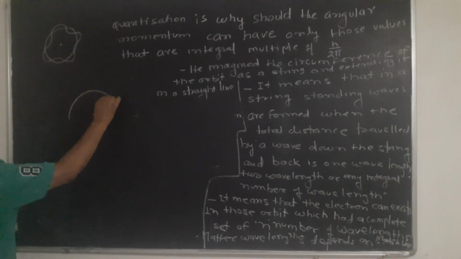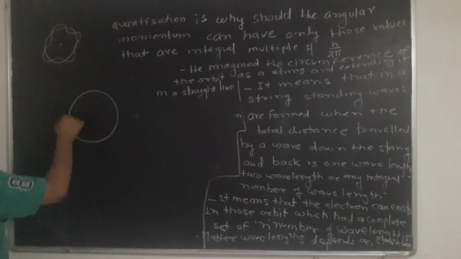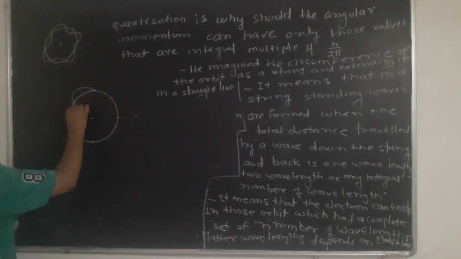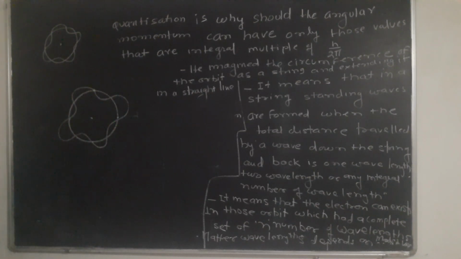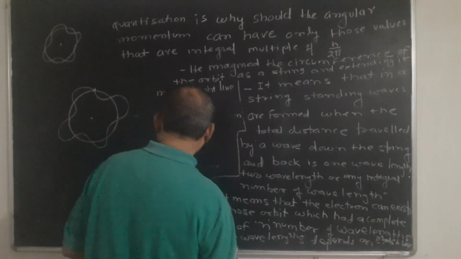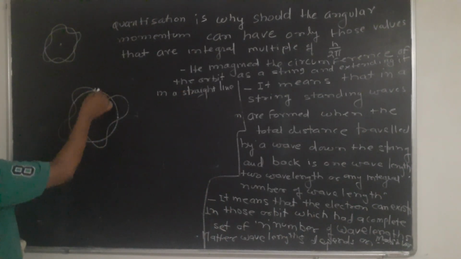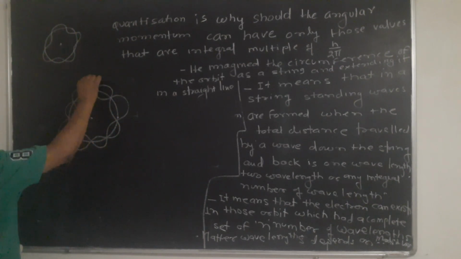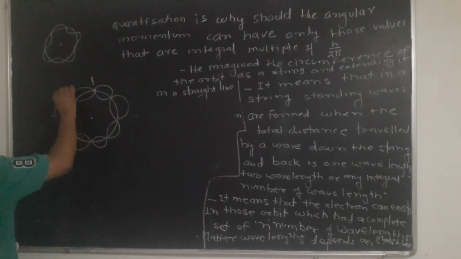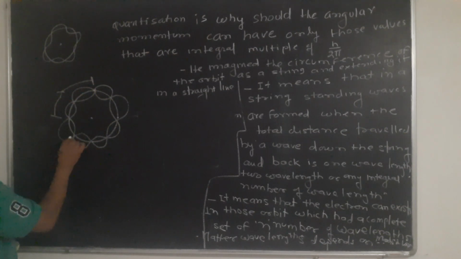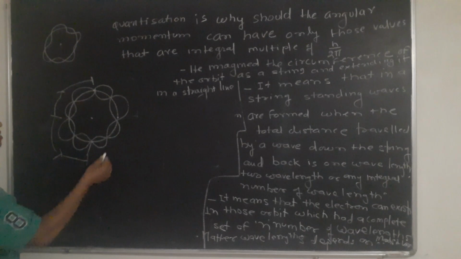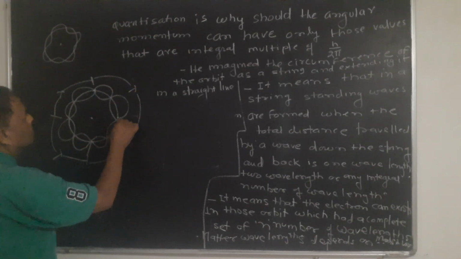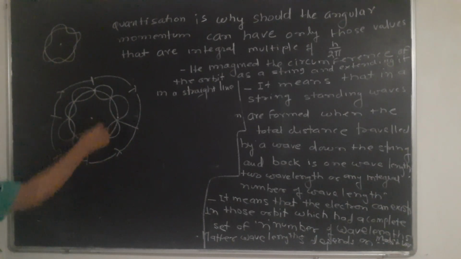So here electrons are revolving around the nucleus, and this is the complete set of n wavelengths: 1 lambda, second lambda, 1, 2, 3, 4 lambda.